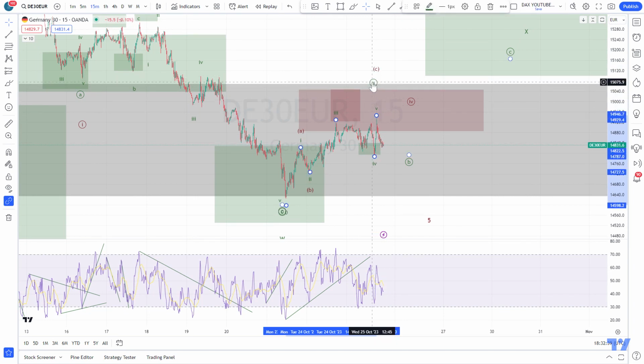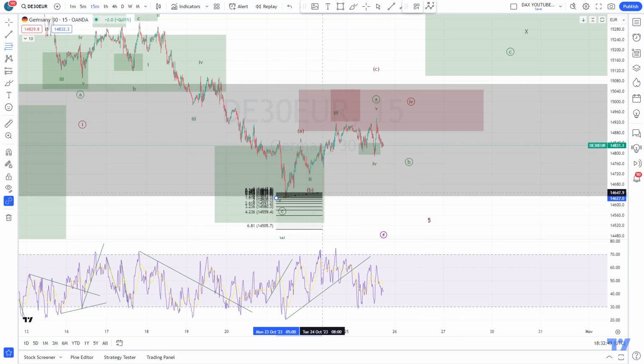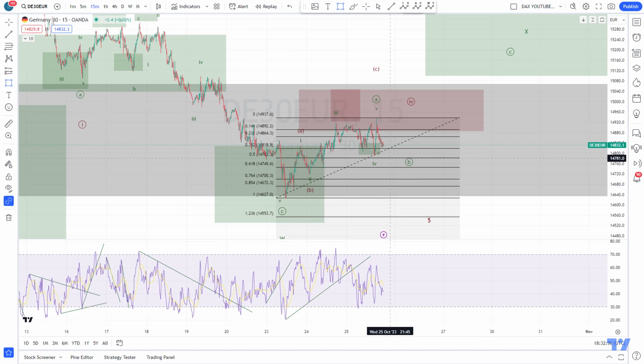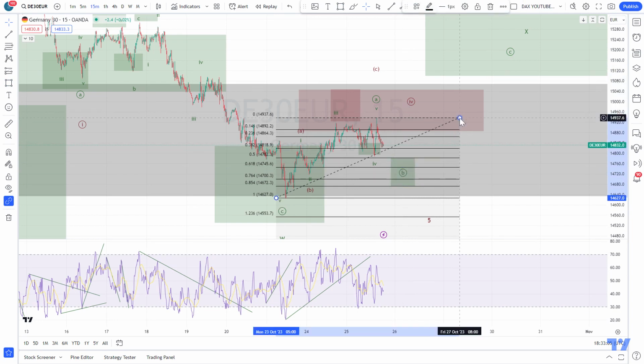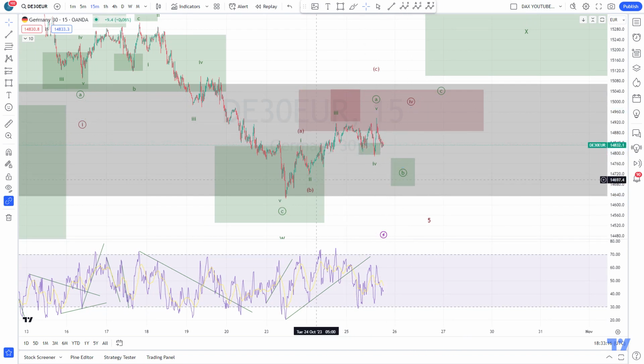Then we have our fifth wave here, or wave A, and then what we can expect is some movement into the wave B area, which is located right here between the 0.5 and the 0.854 Fib retracements, and then another wave C up. So that would be the path if we could count this here as an impulse.